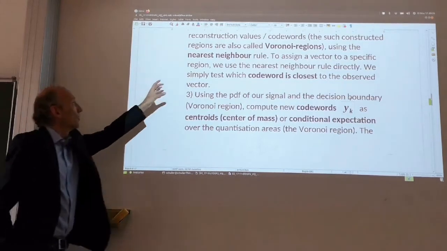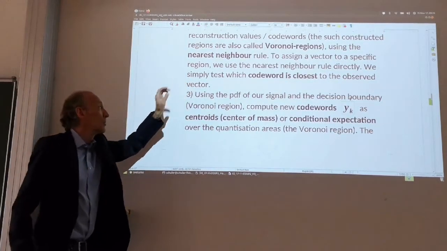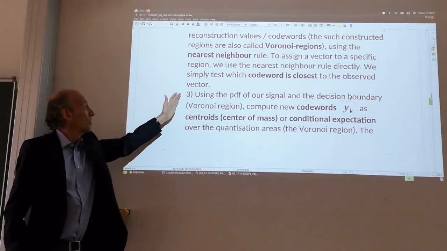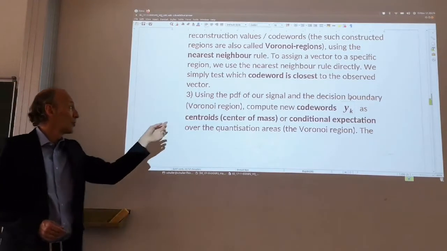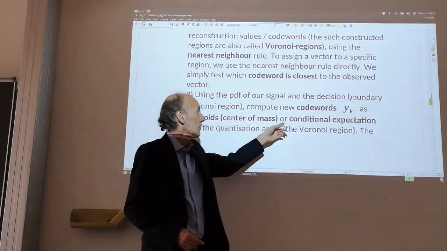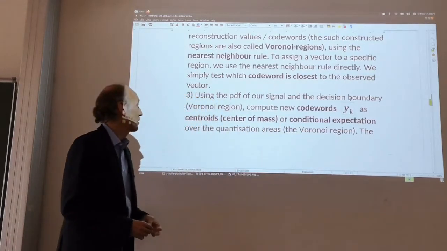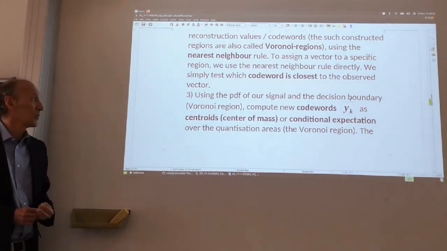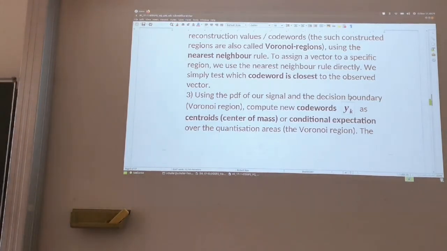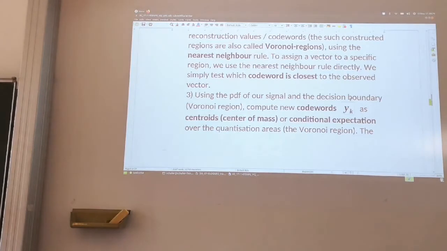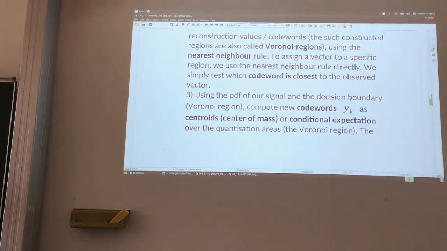So once we have those Voronoi regions, we can recompute the code words as the new centroids, or center of mass, using the conditional expectation over the quantization errors or the Voronoi region. So in the first step we have our random assignment, then we create our borders, and once we have our borders we can now compute the new centroids given the signal.